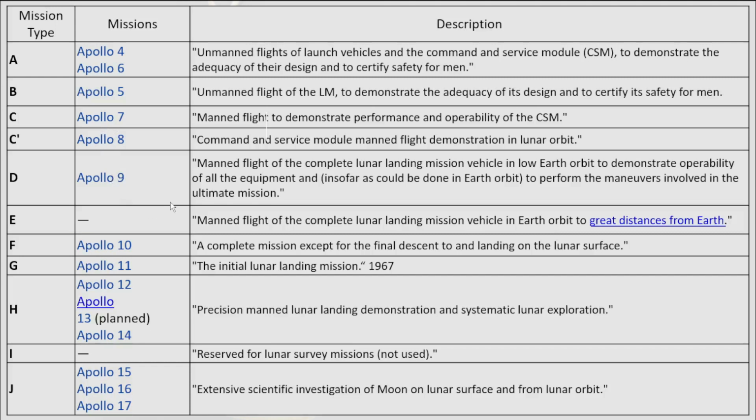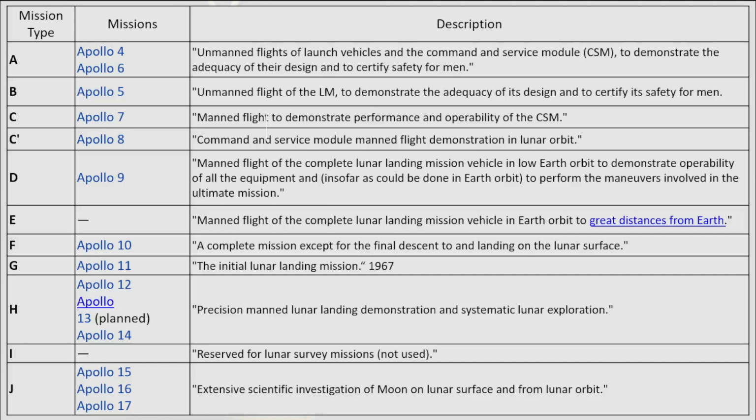Apollo 9 was actually the manned flight of the complete lunar landing mission vehicle in low Earth orbit to demonstrate operability of all equipment and, insofar as could be done in Earth orbit, to perform the maneuvers involved in the ultimate mission.